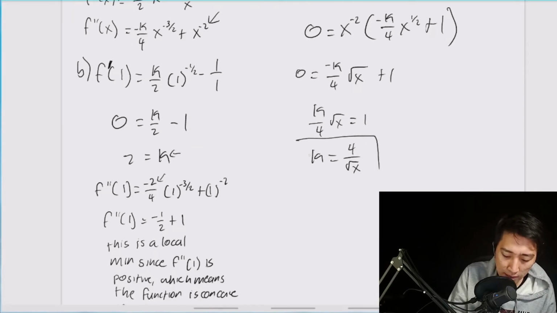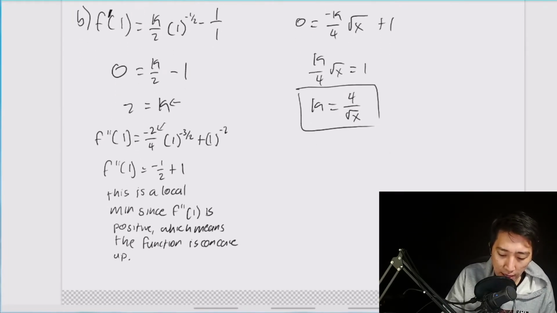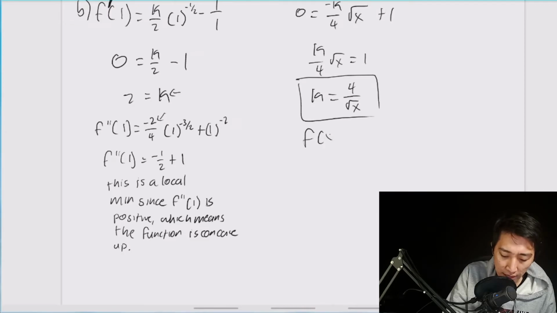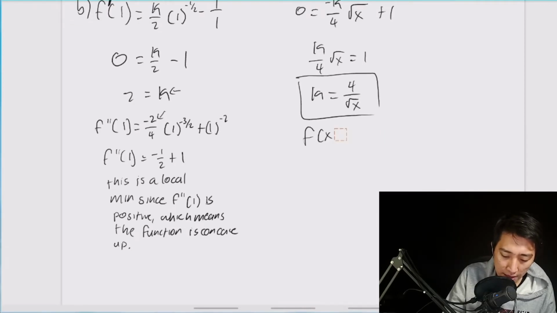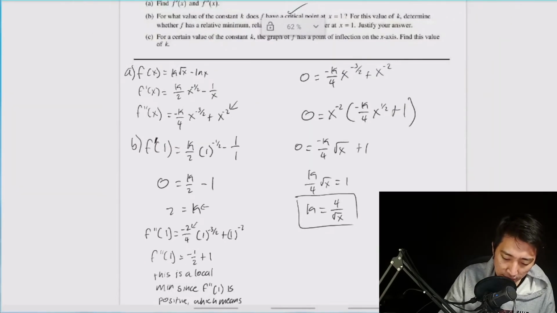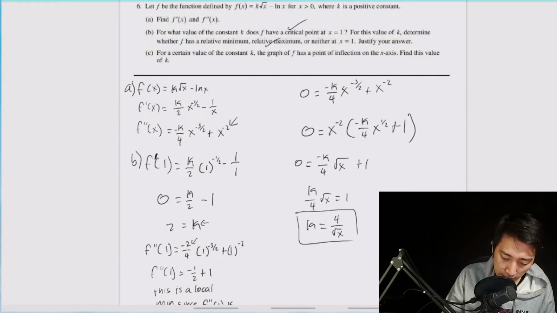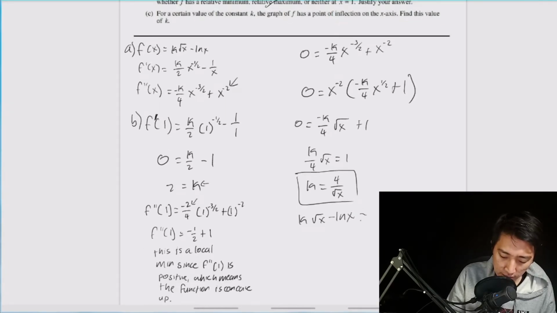So I'm just going to box this, hold on to this, and then I'm going to have to find out where f of x equals 0. And then what we have for our f of x function was k square root of x minus ln x equals 0.